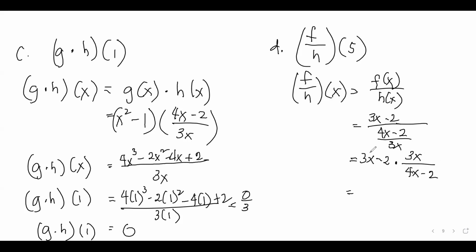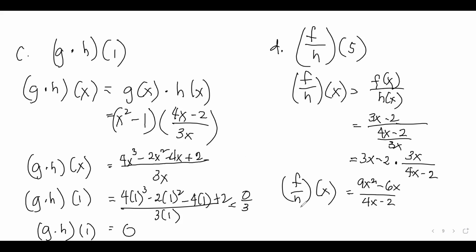Multiply natin yung 3x minus 2 with 3x kasi they are both numerator. So, that would become 9x squared minus 6x over 4x minus 2. This is F over H of x. Hindi na siya pwede i-simplify kasi wala silang common factor.